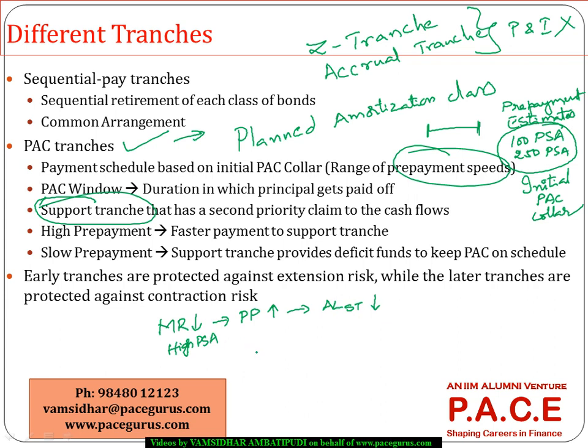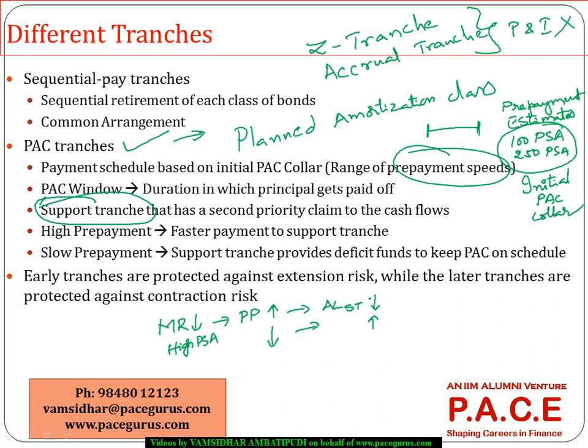The same will happen the other way. If the prepayment rate is very slow, the average life increases, and in some cases, if the prepayment rates are very low, even lower than the minimum PSA, the support tranche may have to fund the pack tranche to make sure that the pack tranche is receiving as per the plan, as per the initial collar requirement. So it is receiving in that particular range.